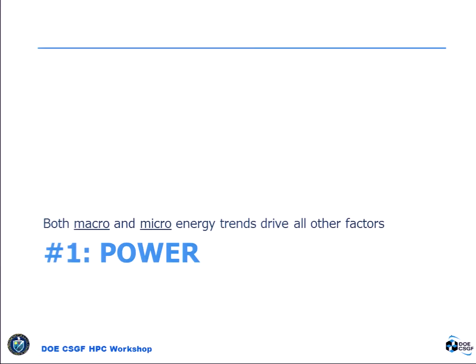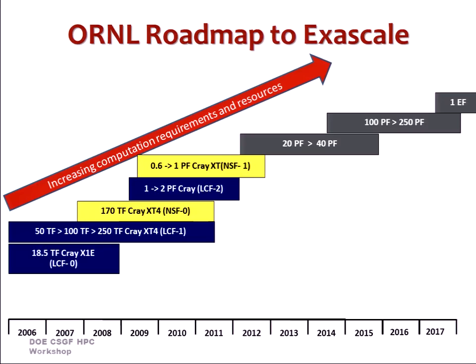So let me take a few minutes and talk more specifically about power and why power is the driving constraint. This is an experience slide. At Oak Ridge, about 7 years ago when I joined, we had a brand new building that had 40,000 square feet and about 15 megawatts of power piped into it.